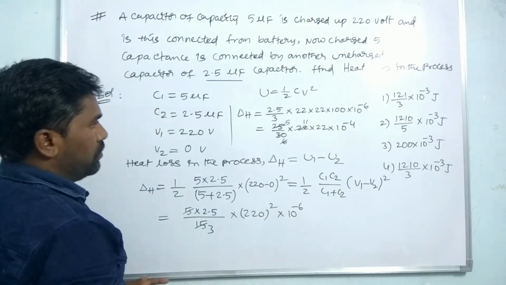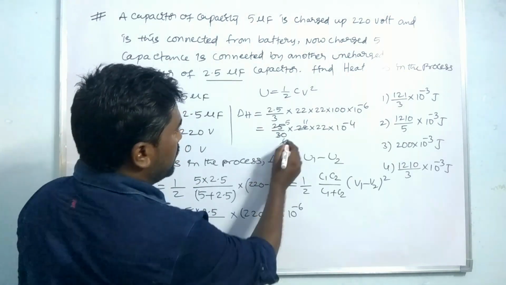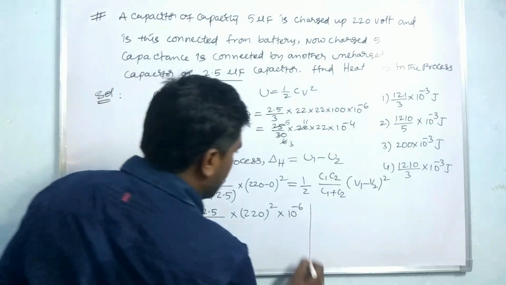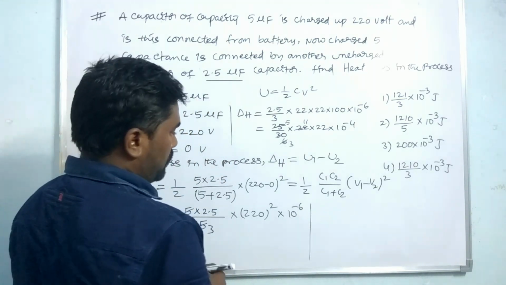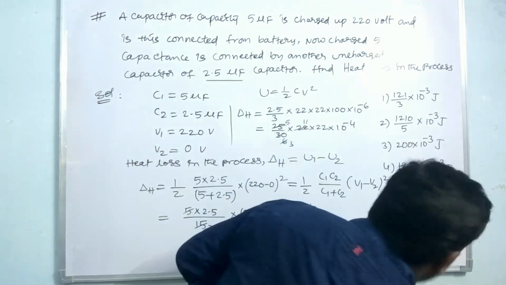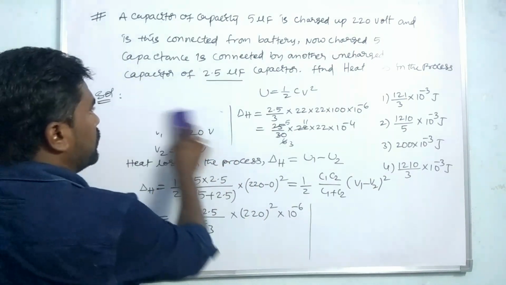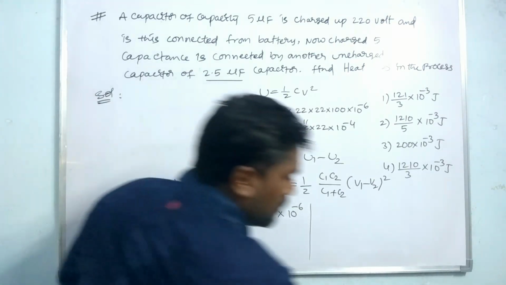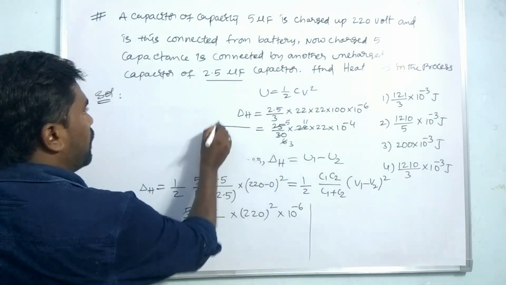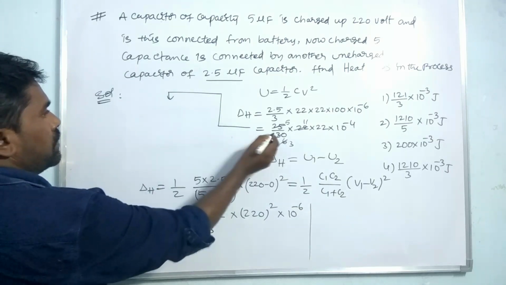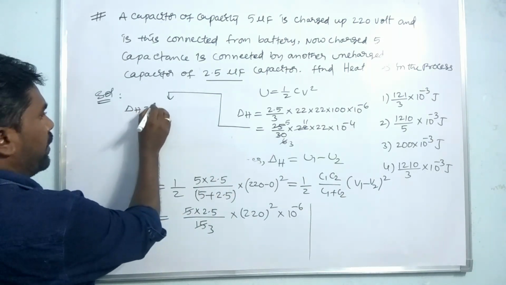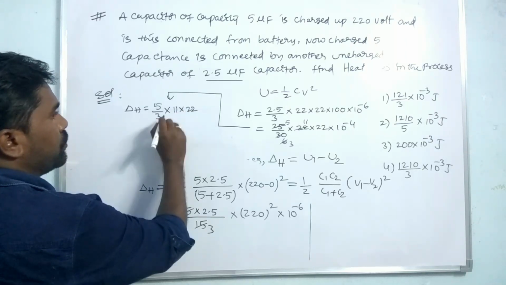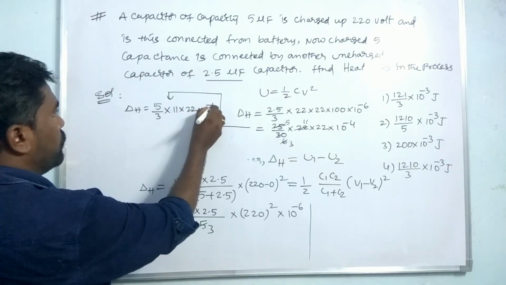So here you can write 5 by 3 into 11 into 22 into 10 to the power minus 4.